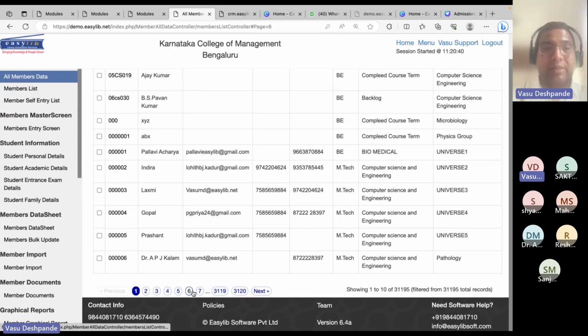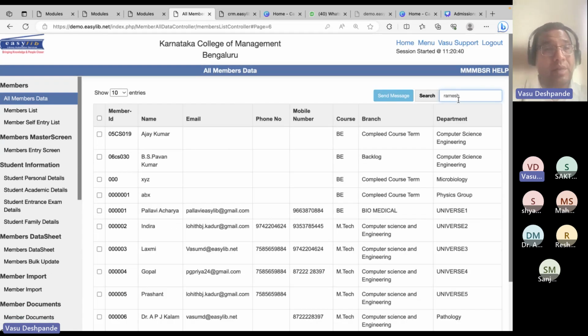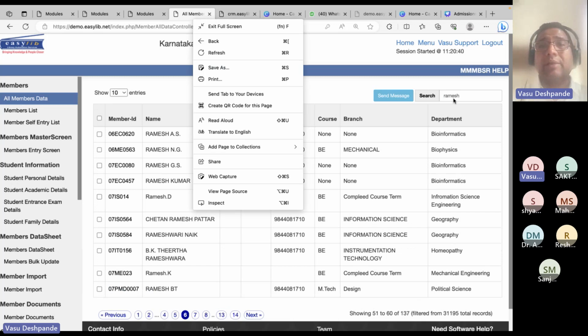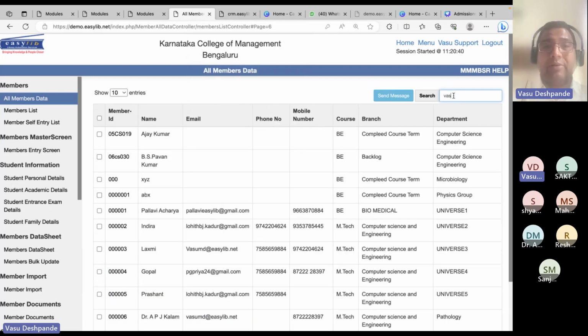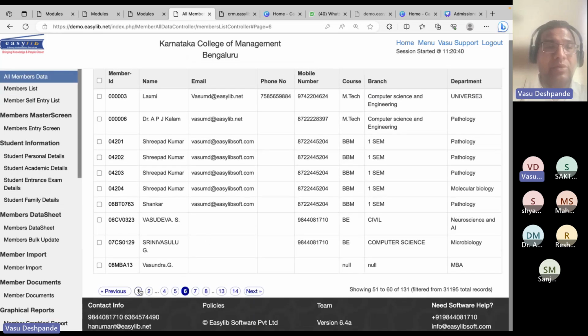So now I just click on this and it's pretty fast, right? If I want to see how many Ramesh in your organization, you see all the Ramesh here, right? And if I want to see my name, I see my name, right? So my email ID is there. So you can imagine the system is pretty fast even with the large amount of data.